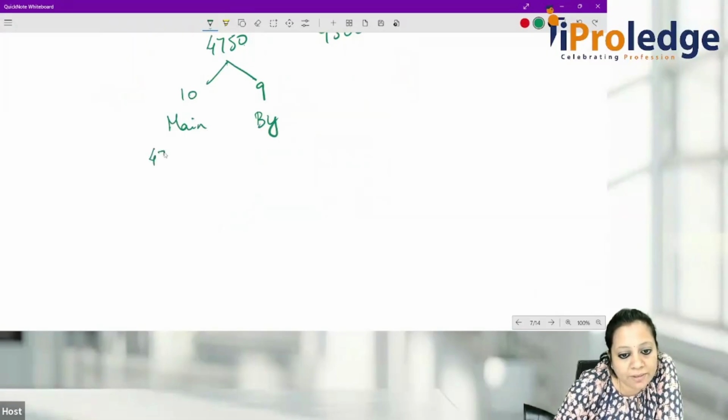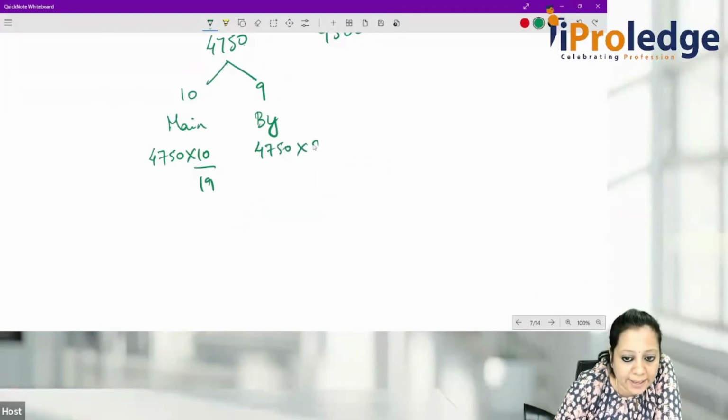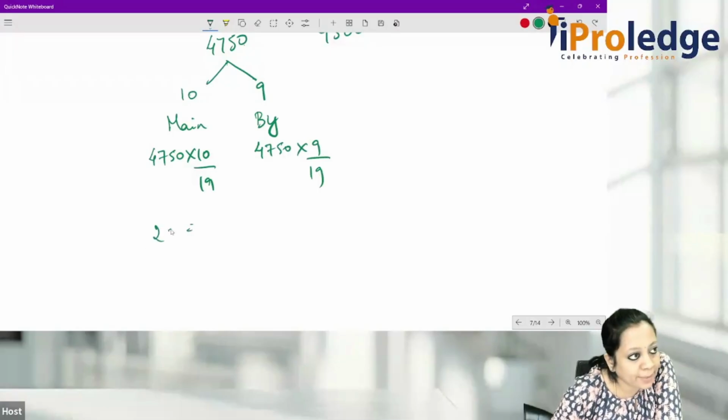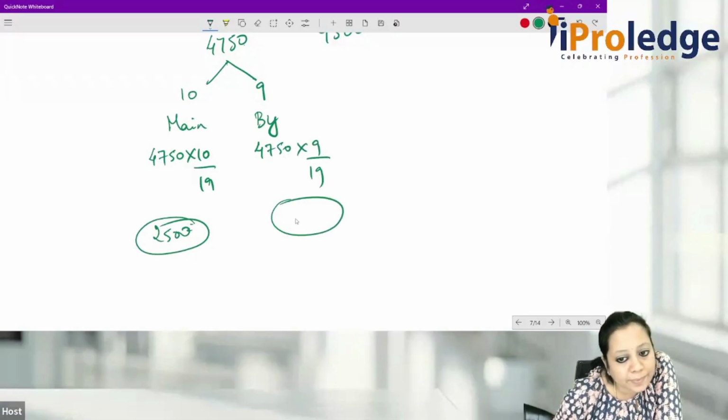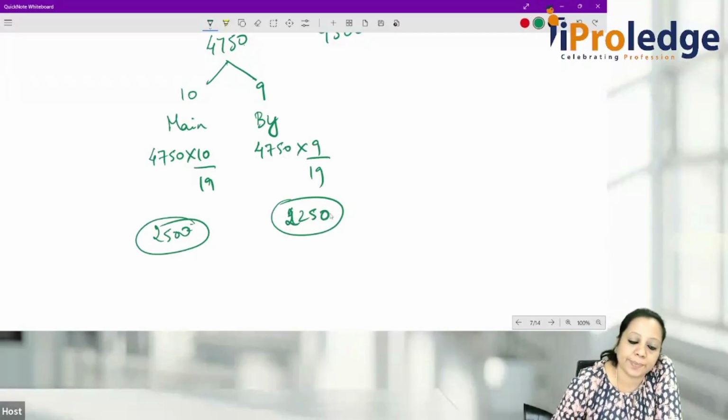That means 4,750 into 10 by 19 and 4,750 into 9 by 19, which is 2,500 and 2,250.